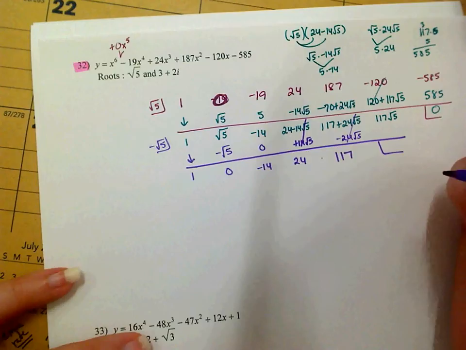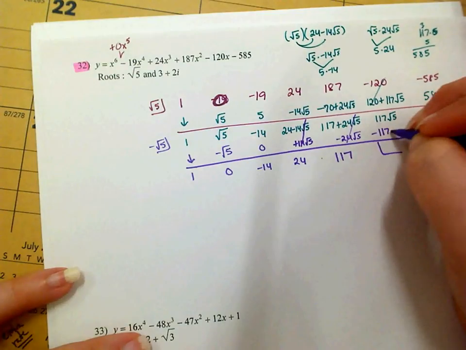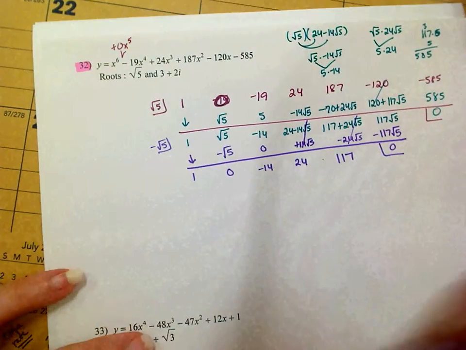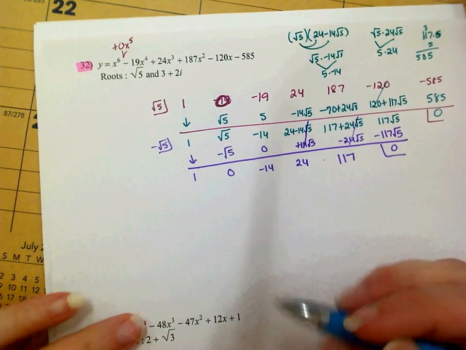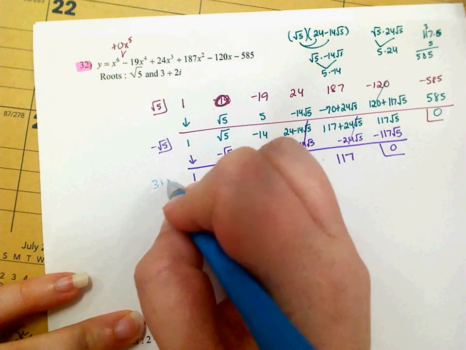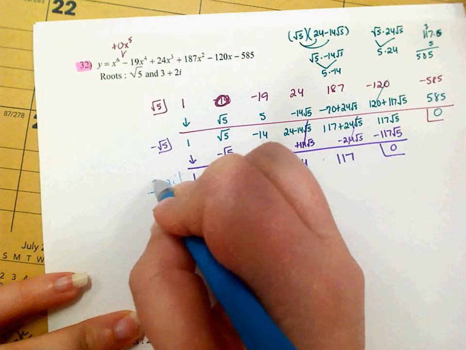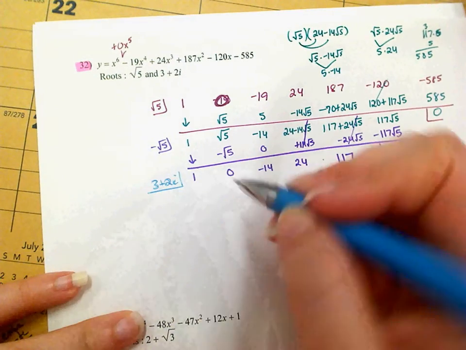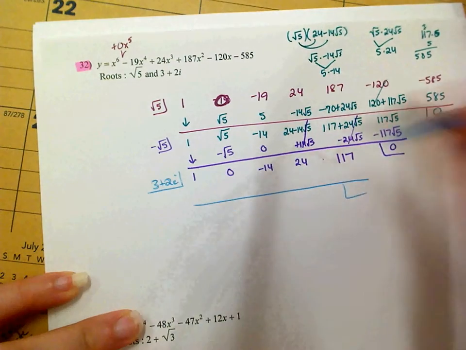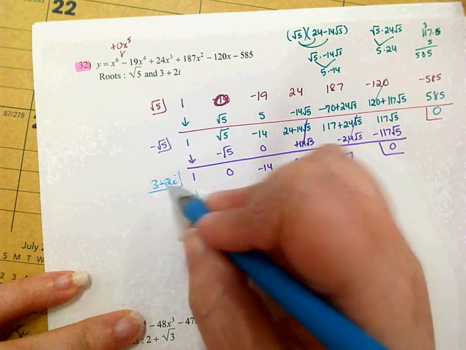Okay, now I'm ready to do the 3 plus 2i. So 3 plus 2i. Drop the 1. Anything times 1 is itself, so 3 plus 2i plus 0 is just 3 plus 2i. And now I've got to multiply those out.